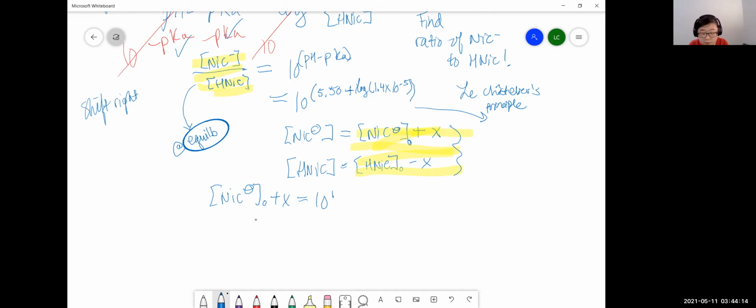So when you do 10 to the 5.5 plus log of 1.4 e negative 5, you get 4.43. And then you get HNic naught minus X. And so we just need to solve this algebra.